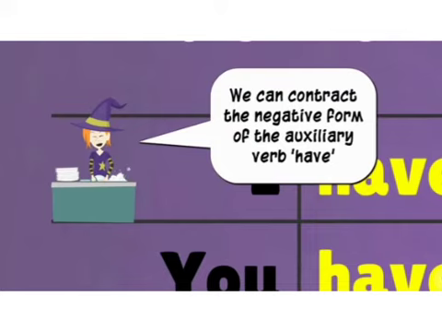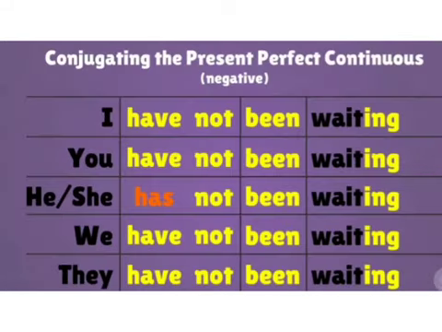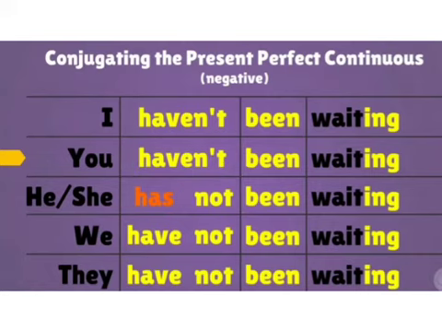Let's contract the auxiliary verb have for the negative form. Guess? Yes, have plus not is haven't. Come on, let's give it a try. I haven't been waiting. For second one, guess it? Yes, again you're right. You haven't been waiting.